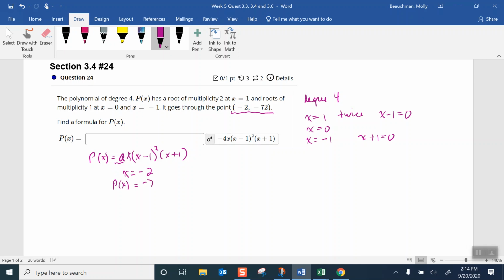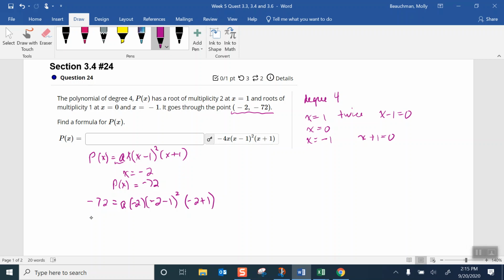is equal to -72. So I substitute into my function: -72 is equal to a times x, which is -2, times x minus 1, which is -2 minus 1, squared, times x plus 1, -2 plus 1.